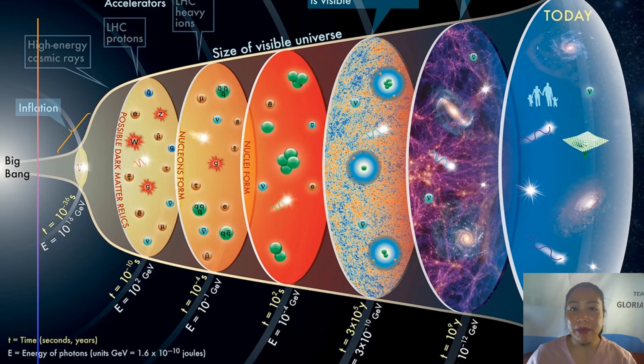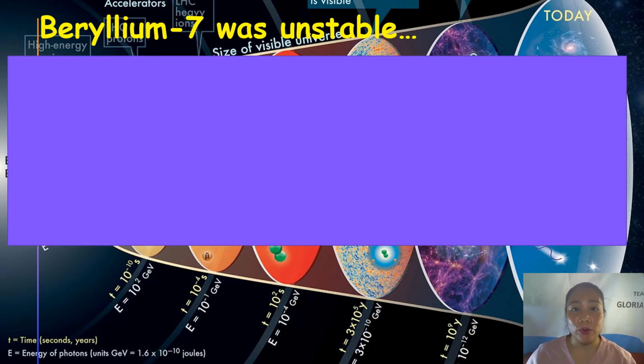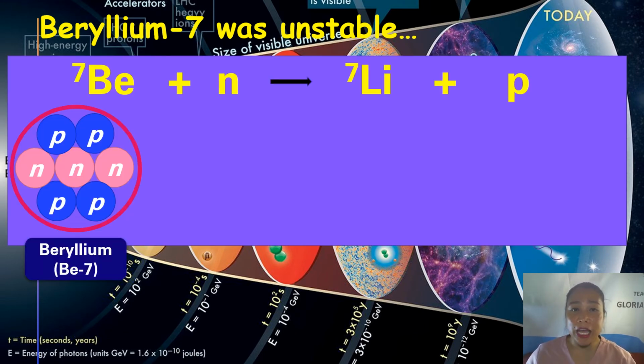Among the light elements formed, deuterium, helium-3, helium-4, and lithium-7 were stable. Beryllium-7 was unstable, and therefore it decayed spontaneously to lithium-7.